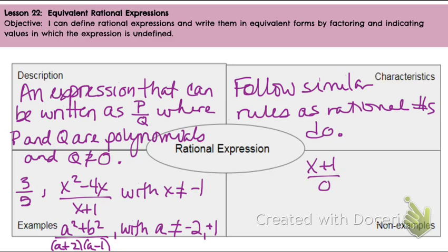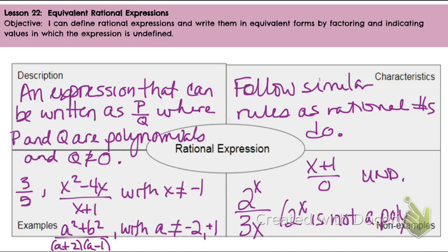You can't divide by 0, it's undefined, so we're just going to say undefined, UND. 2 to the x power divided by 3x is not, because 2 to the x is not a polynomial. Okay, all right.